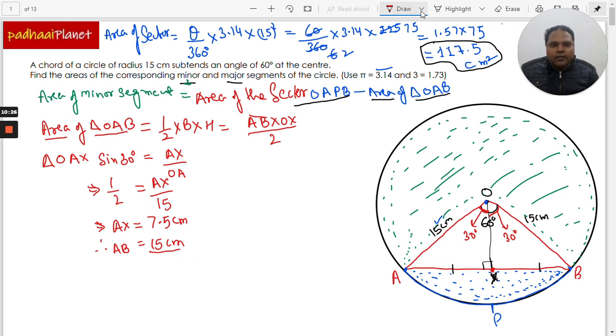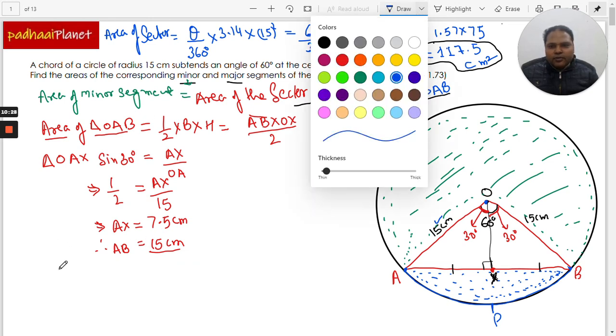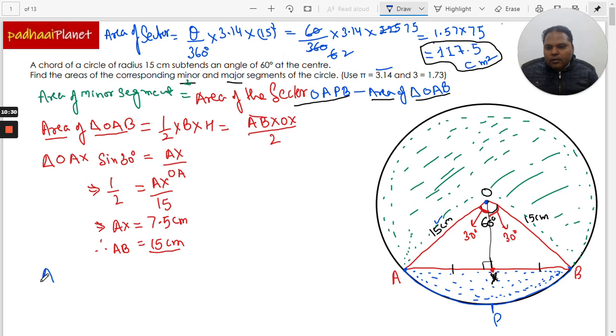Now let's consider the other triangle, triangle OBX. Here we will apply cos 30 degrees, which will be equal to OX upon OB.